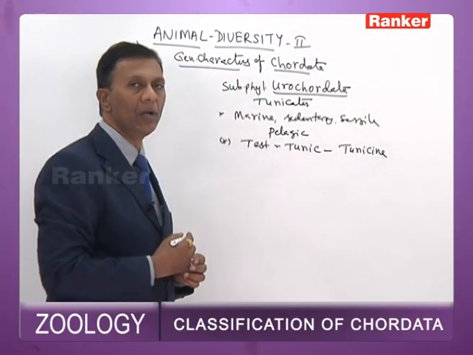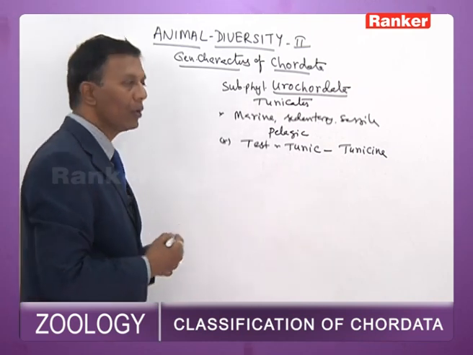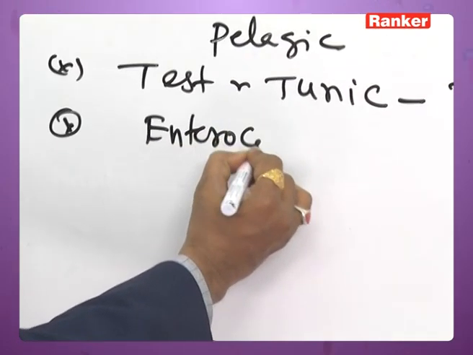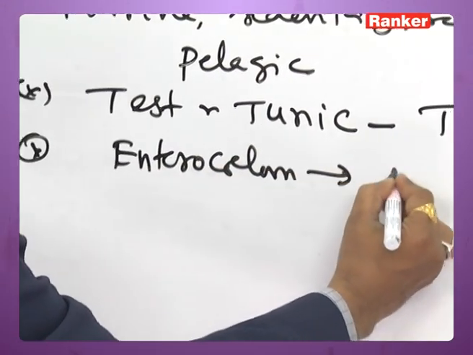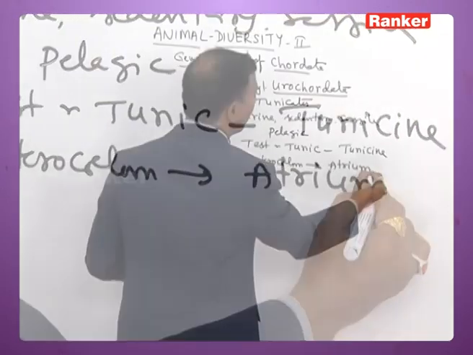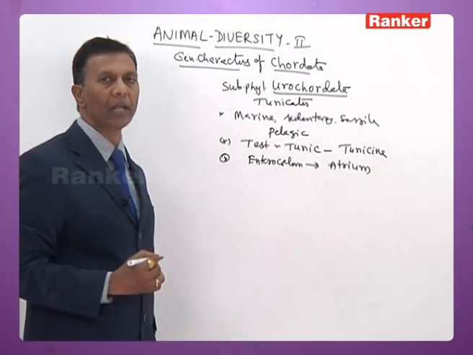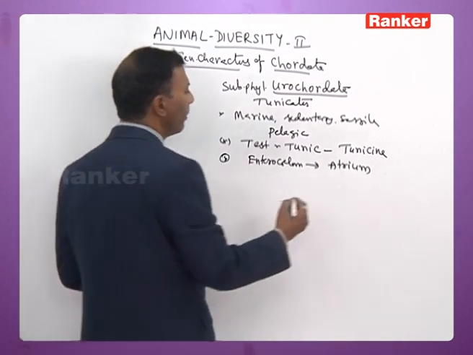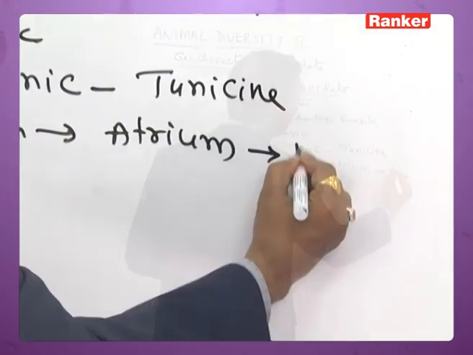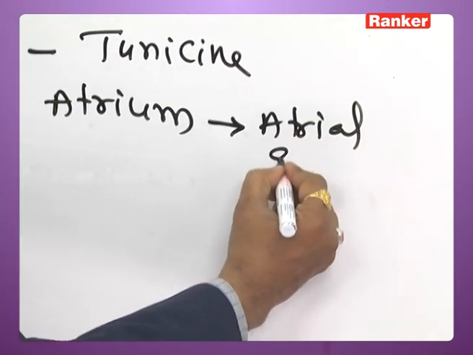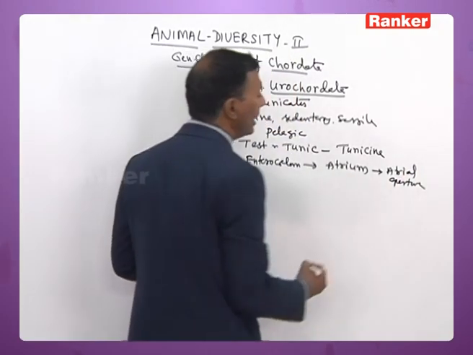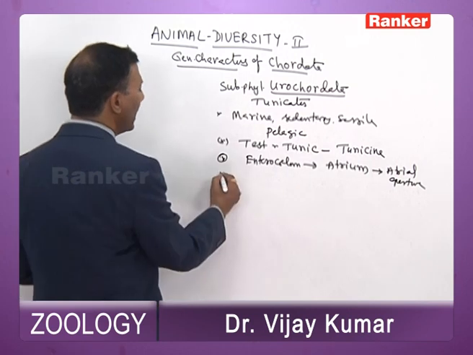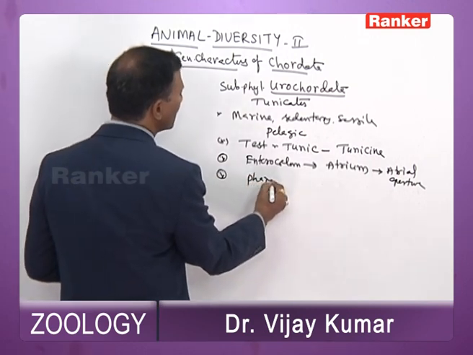In urochordates the enterocoelom is partially replaced by an ectodermal bag-like structure called atrium. The atrium opens to the exterior through an atrial aperture, which is dorsally placed. Pharynx is perforated by numerous gills.